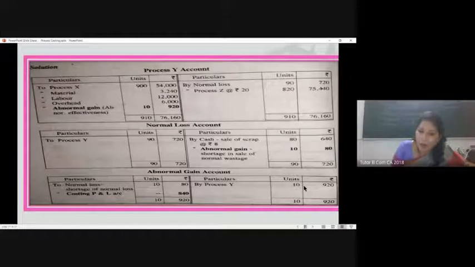Now what I have to understand here is that there is a scrap value for the loss amount. So there is actually a loss which can be accounted for when I'm talking about normal loss. So I will go with normal loss, which is actually 80 units.